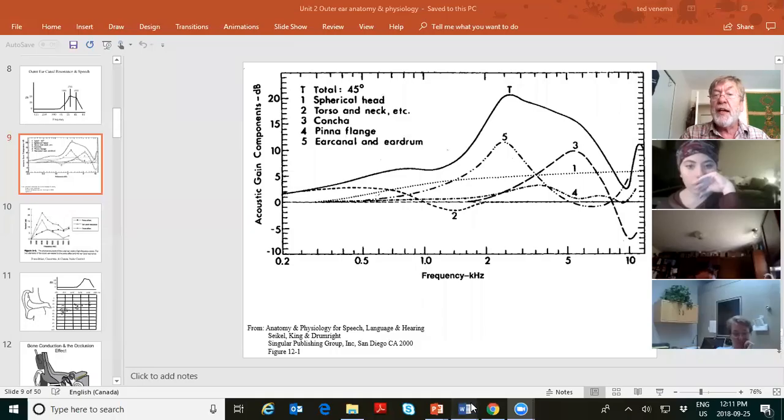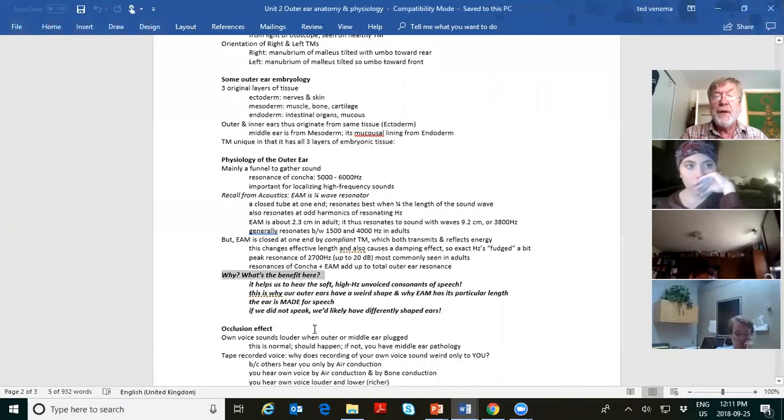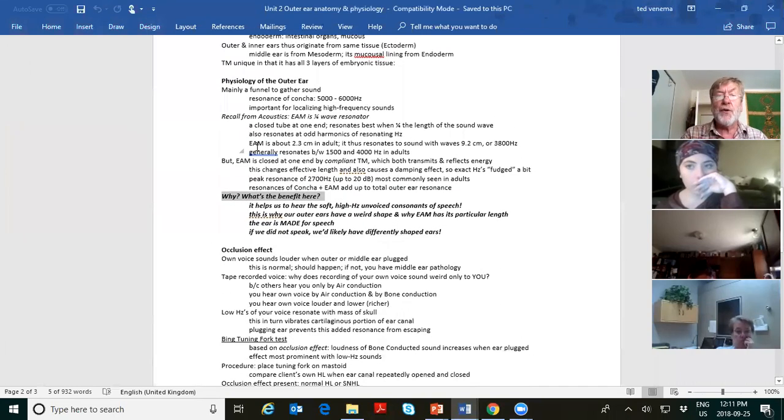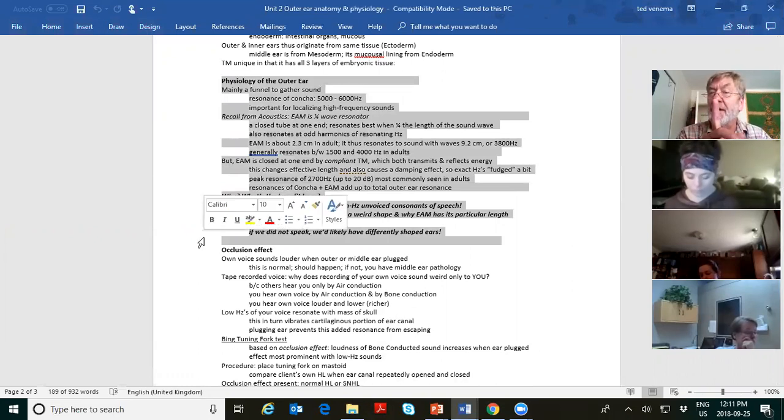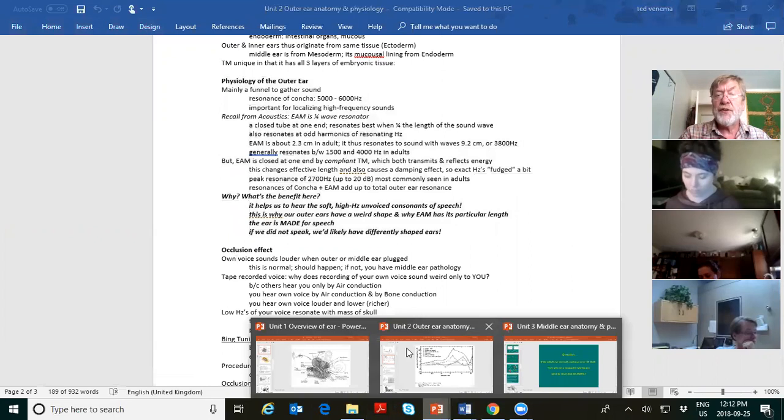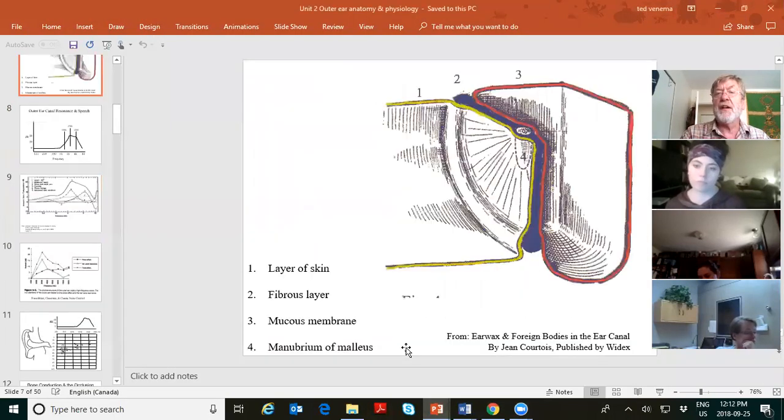Back to outer ear physiology so we can finish that one off. If you're looking at outer ear physiology, there's another thing. So this stuff in black here, this whole stuff here, know this. It's really important. Because when you take a hearing aid and you put it in someone's ear, you've lost that love and feeling.